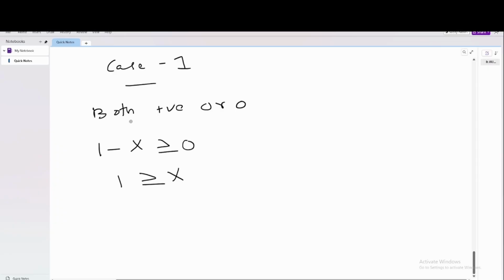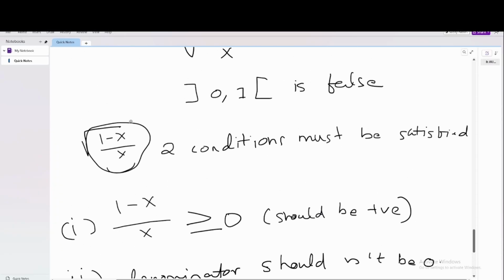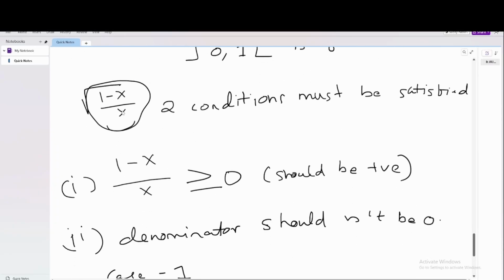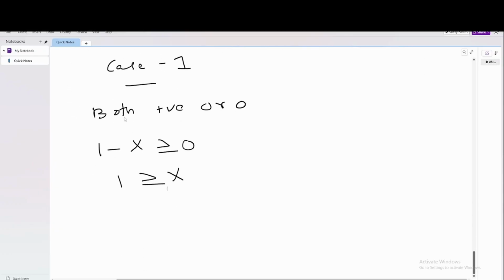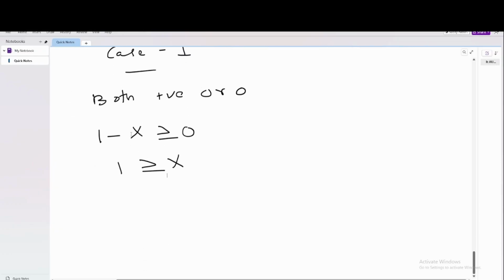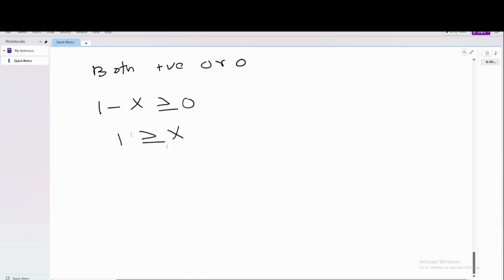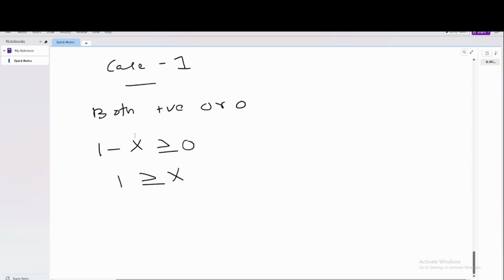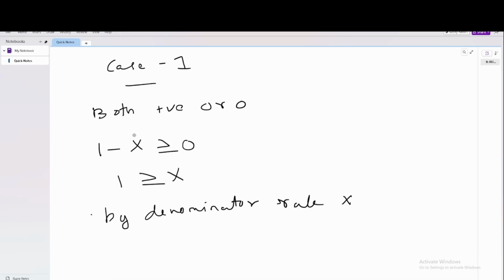By the denominator's rule, x cannot be 0.